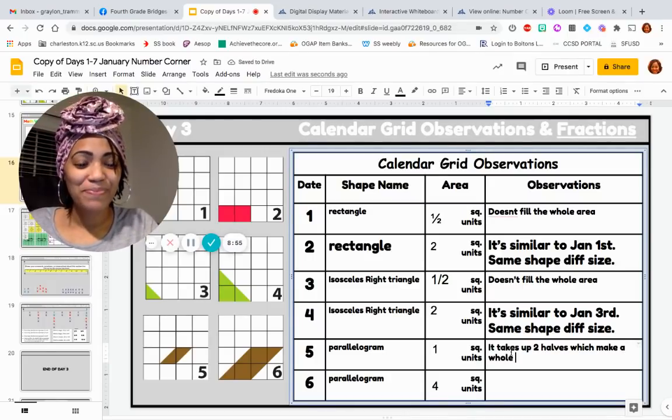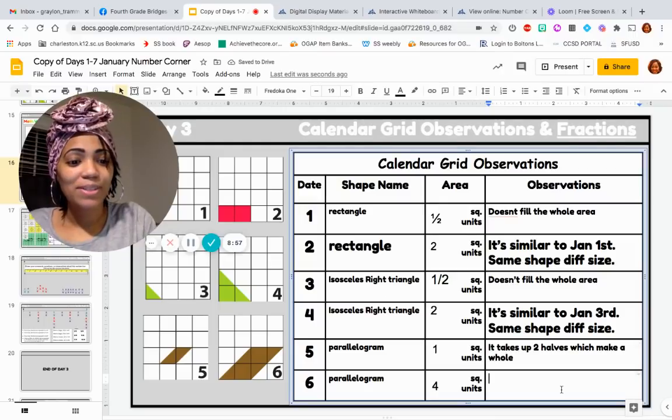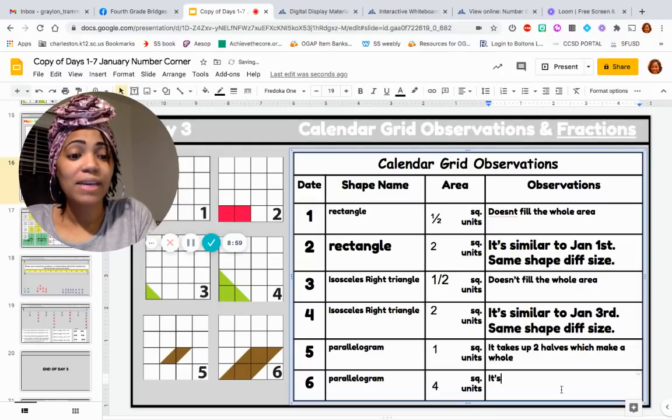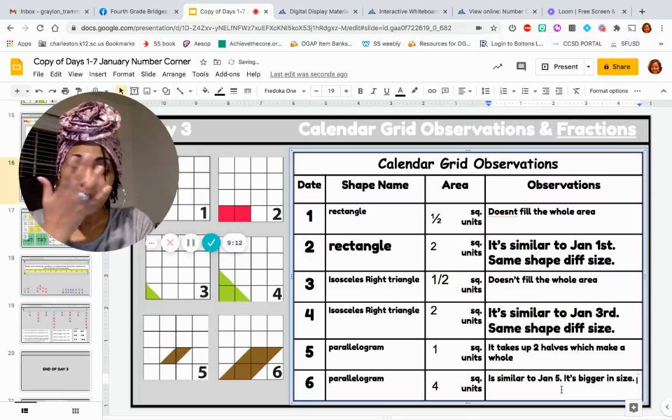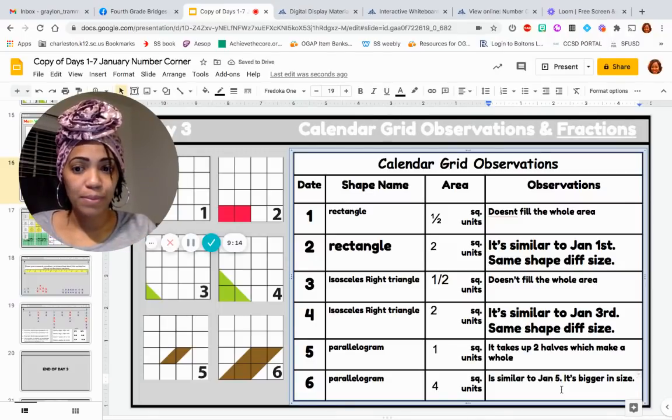Make sense? Yeah. And then, of course, this parallelogram is similar, that's our word for today, to January 5th. It's bigger in size, but it's the same shape.